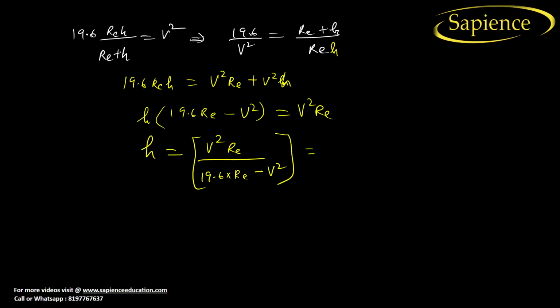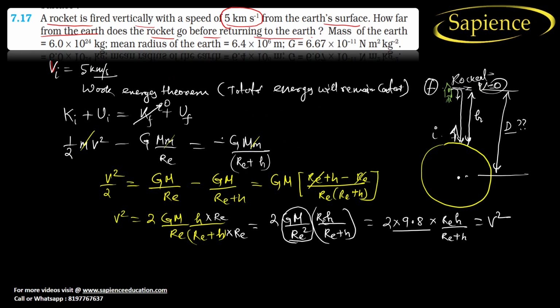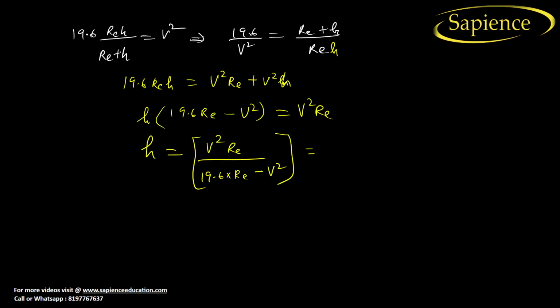As per the question, the velocity is 5 kilometer per second. So 5 kilometer per second means 5000 into 5000, that is 25 into 10 to the power 6, into R_e, that means 6.4 into 10 to the power 6, divided by 19.6 into 6.4 into 10 to the power 6 minus v square, that is 25 into 10 to the power 6.